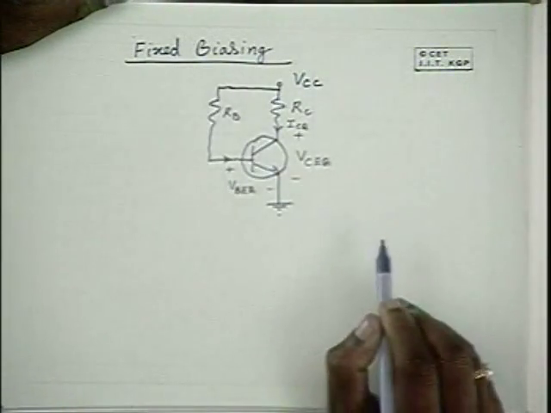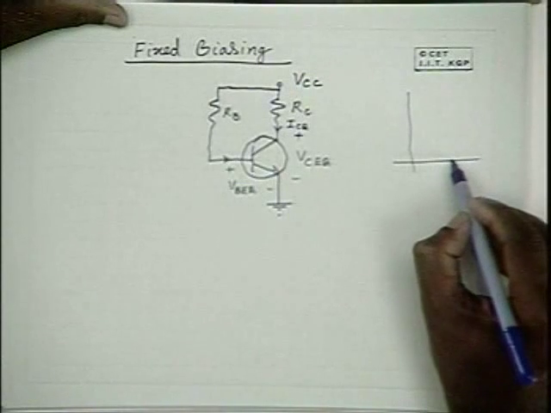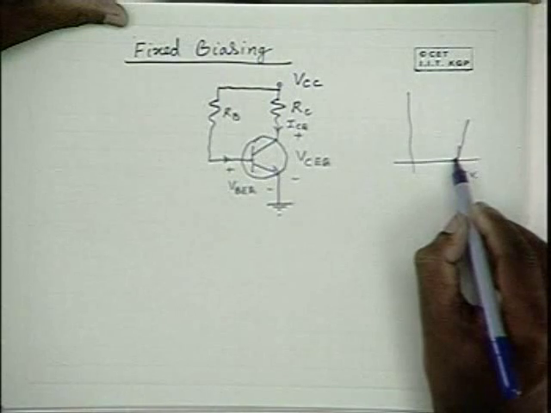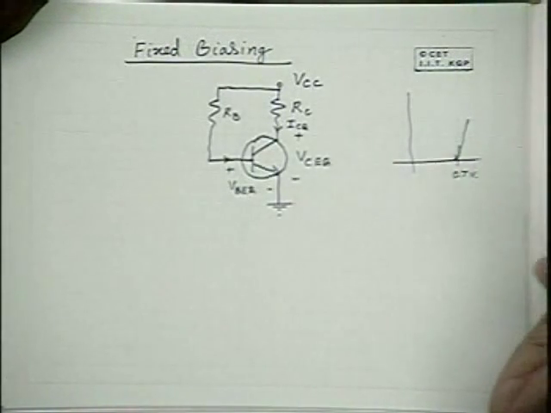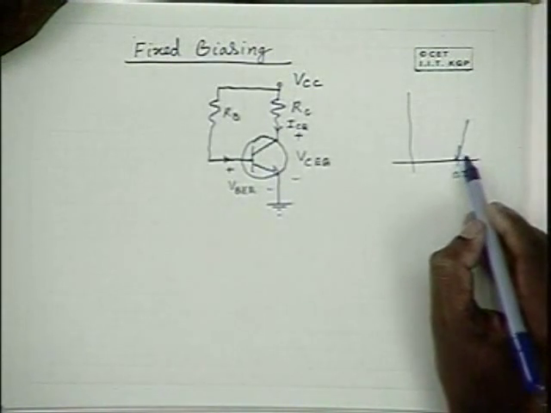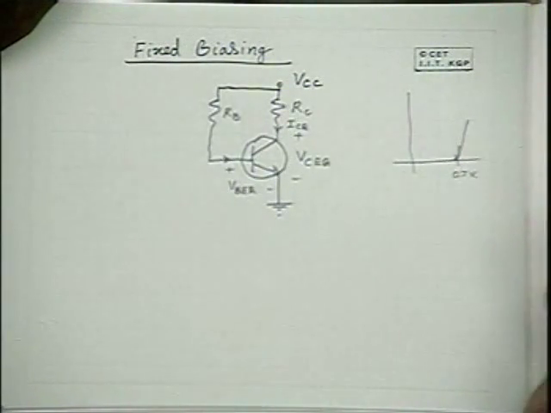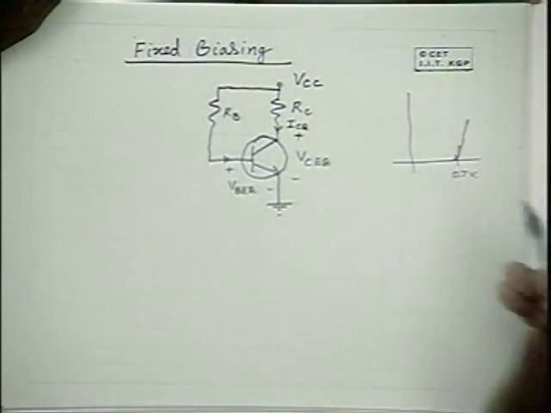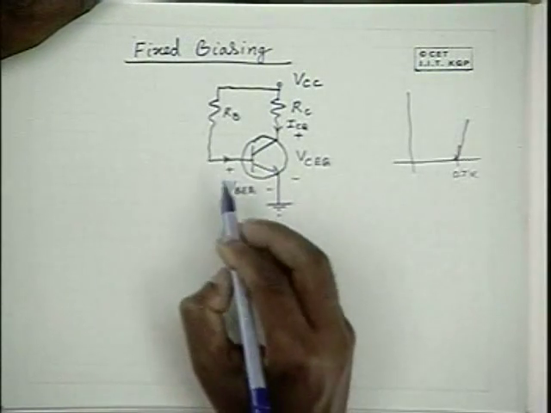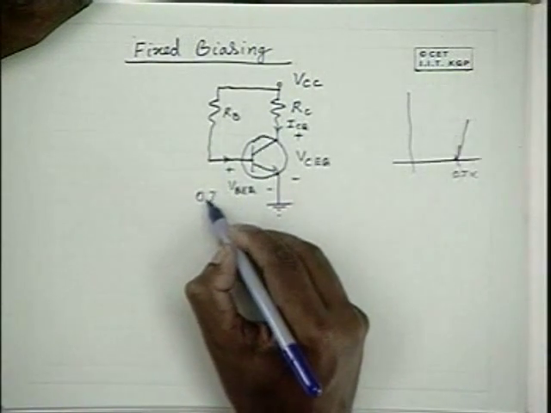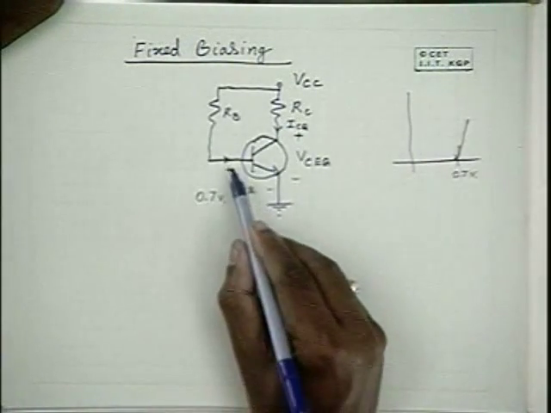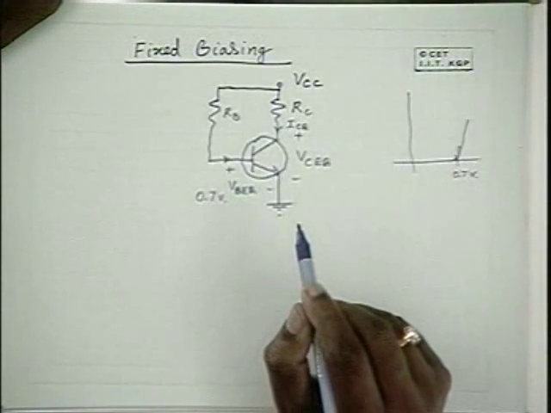Irrespective of the current, the voltage drop is about 0.7 volts. If the current is low, the voltage drop may be 0.65 volts, or VBE may be 0.6 volts. If the current is very high, it may be 0.72 volts. So in any case, whatever the value of IB, VBE is of the order of 0.7 volts with a close approximation.